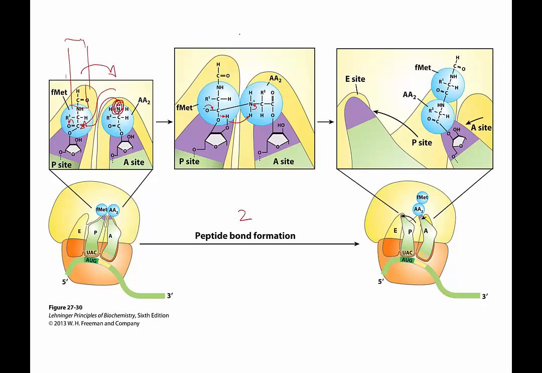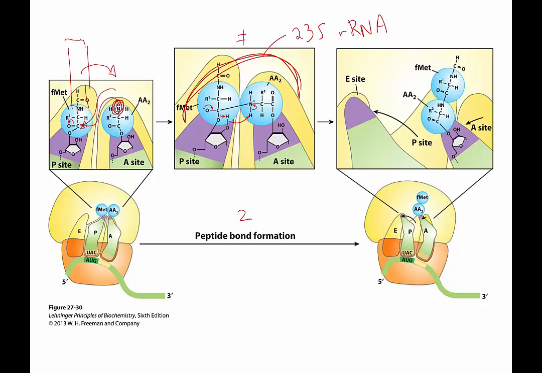Now, this is our transition state. It's an oxyanion, and this will be an unstable transition state species. And so the energy of this has to be lowered. This portion of the ribosome, the 23S ribosomal RNA, surrounds the active site.